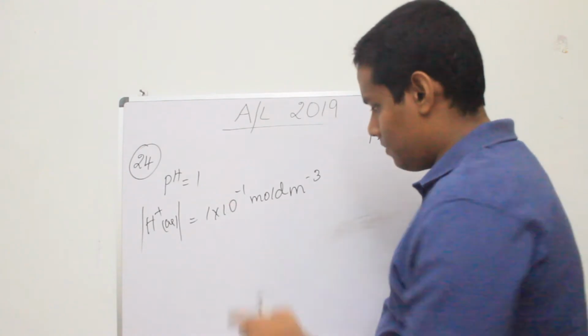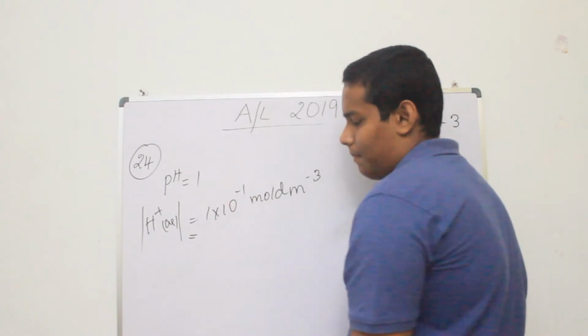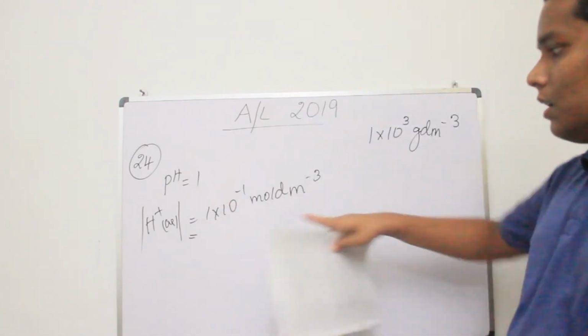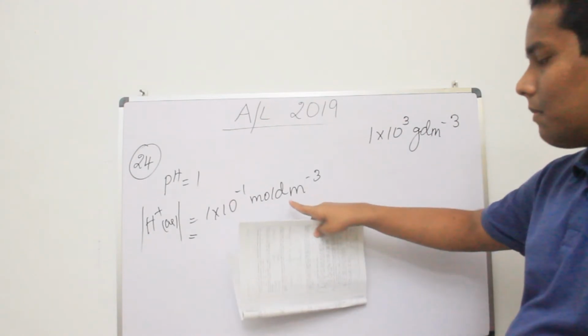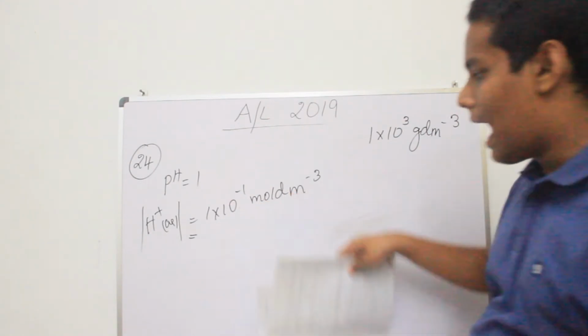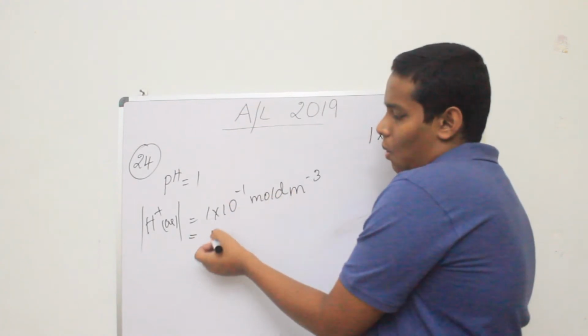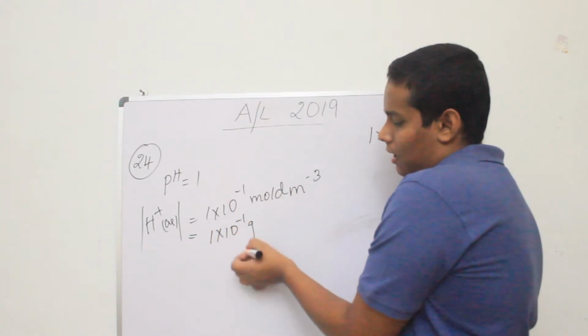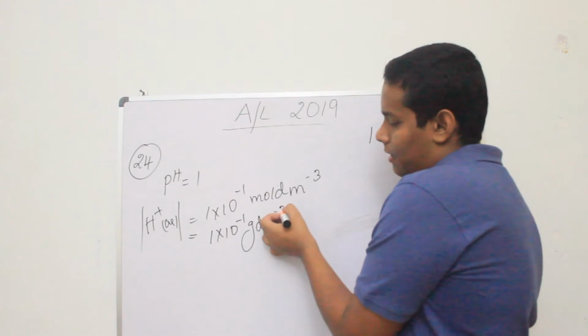So this is the total mass. The H plus mass is 1 into 10 to the power minus 1 gram per cubic decimeter.